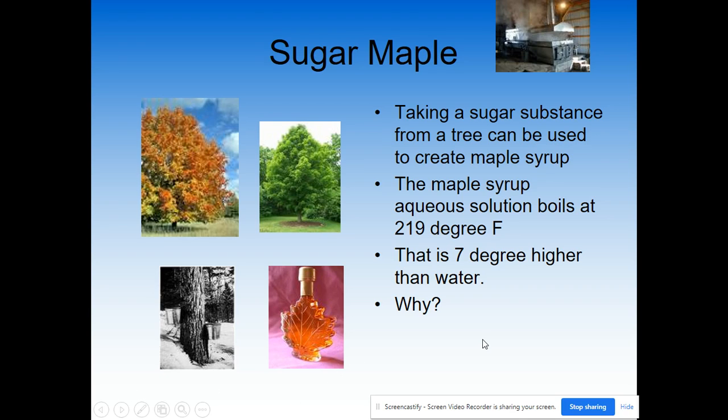You can tap sugar maple trees and get maple syrup. The reason why is that their sap actually has a sugary substance in it. When we tap the maple tree and then boil that down, we can get maple syrup. So maple syrup actually boils at a much higher temperature than pure water, and also will freeze at a lower temperature than pure water. And that's because of the sugars that are present.